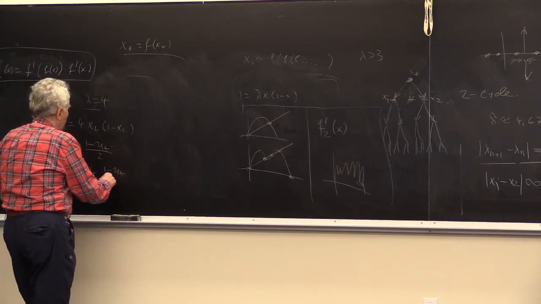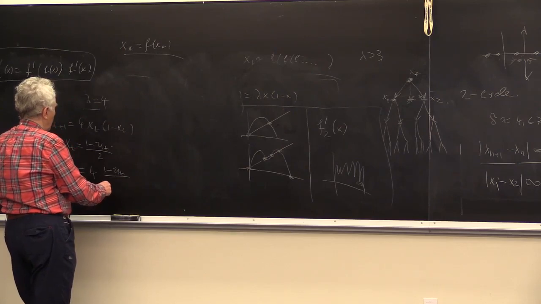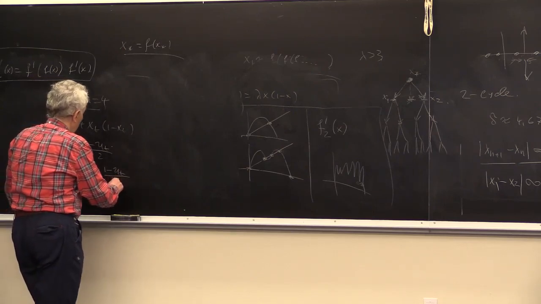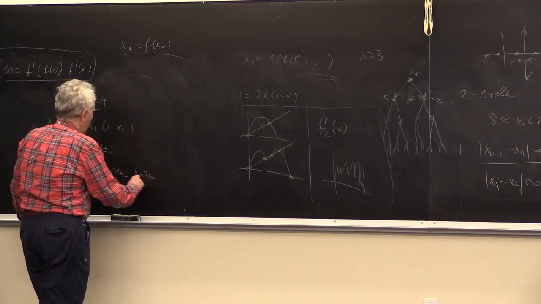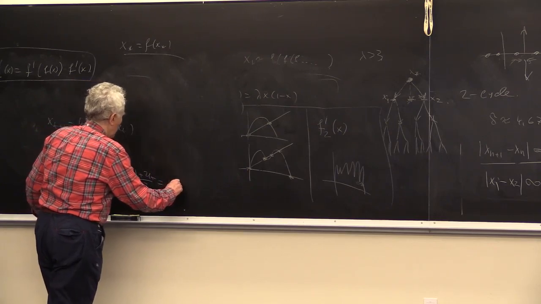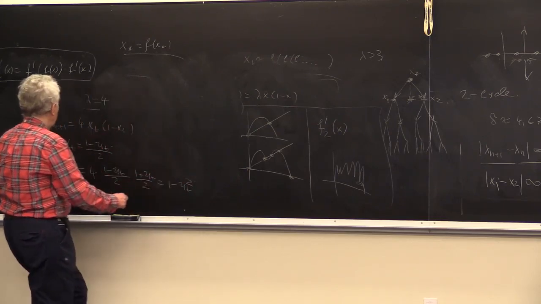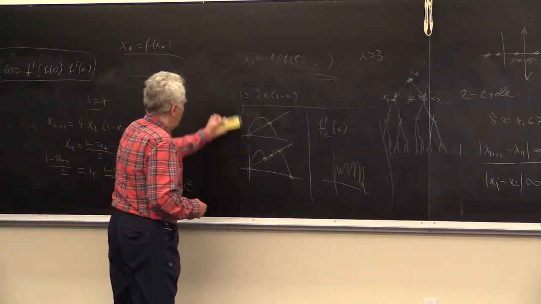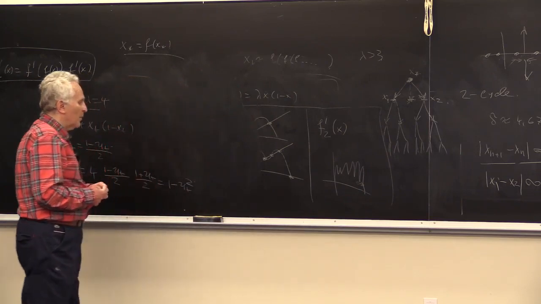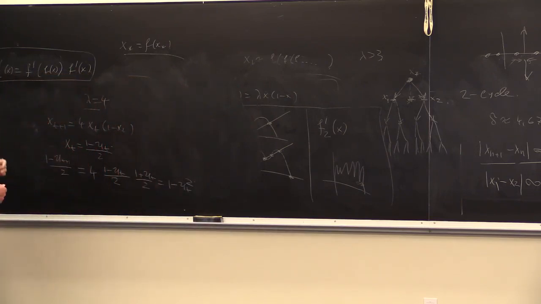You will see why I'm introducing these variables in a moment. So we have 1 minus u_t squared here. And this equation is almost trivially solved. What do you think is a good substitution which will help us with this equation?